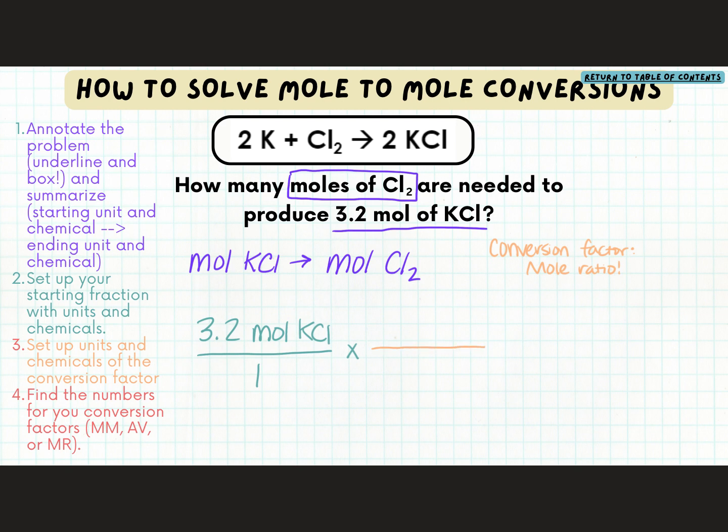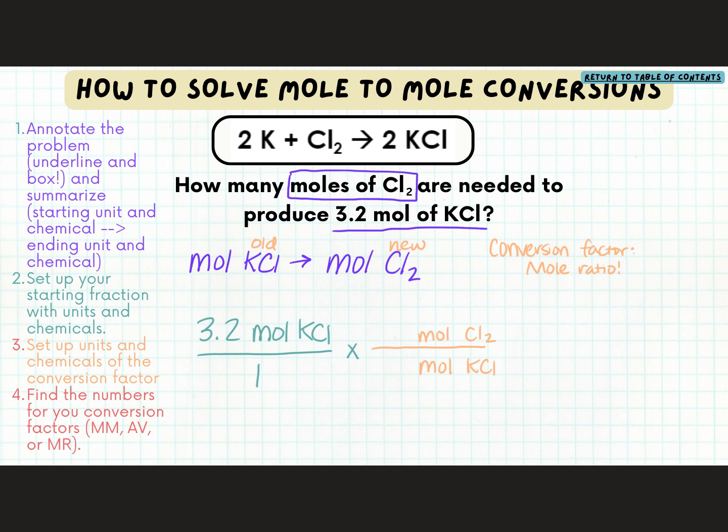If you remember, when we did this in class, we called this the old and this the new. We're going to put the old on the bottom, and the new on the top. So we're going to put moles of KCl on the bottom, and then moles of Cl2 on the top. Now I want to show you that we put moles of KCl here, and just like normal, it also belongs down here. Very good.